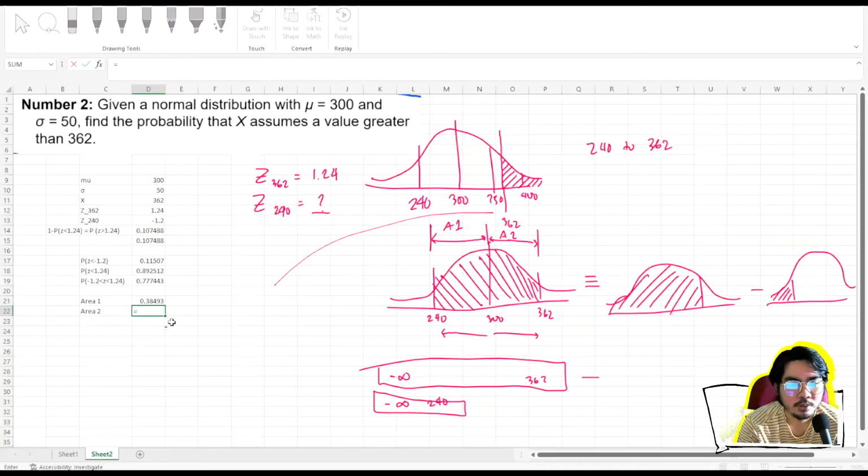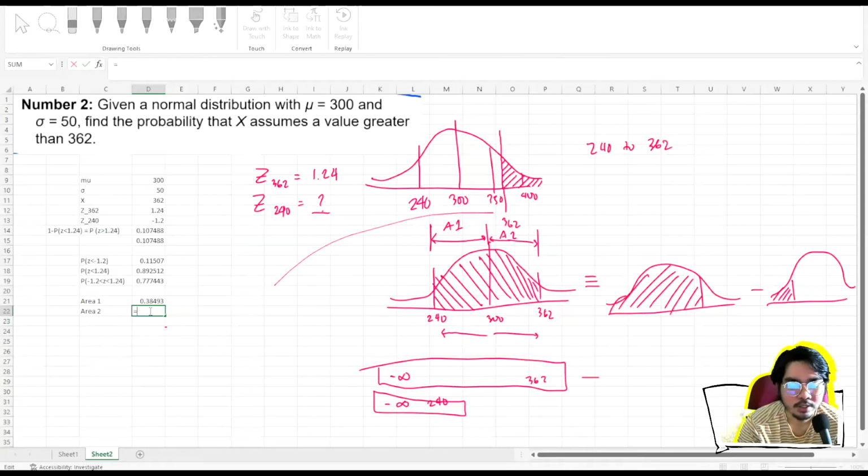Tapos, also, you can do 0.5. Sorry. We can do, kasi gusto natin measure dito, from dito, itong area 2 na to.